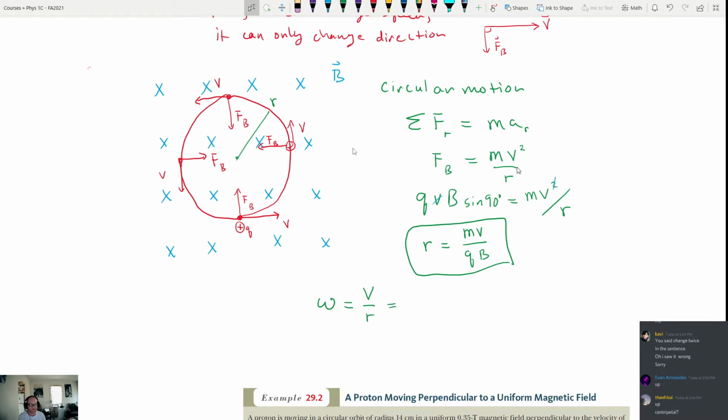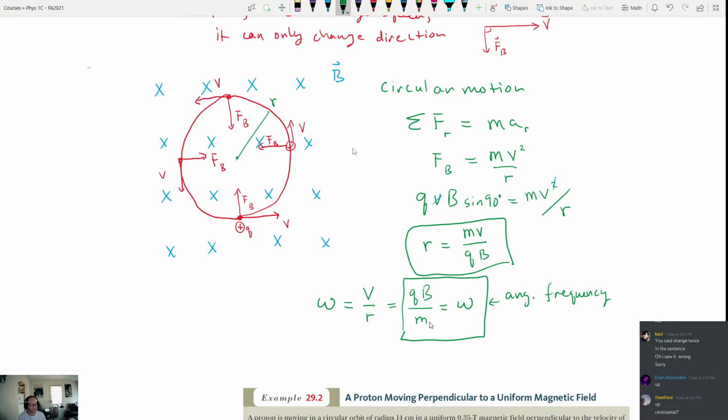So if we take the velocity from our equation here and divide by radius, or if we just rearrange it to get v over r, what we're going to get is qB divided by m, I believe, is going to be equal to the angular speed. I'll let you verify that for yourself. Just solve for v over r here, and you'll see that omega is the angular frequency of the motion.